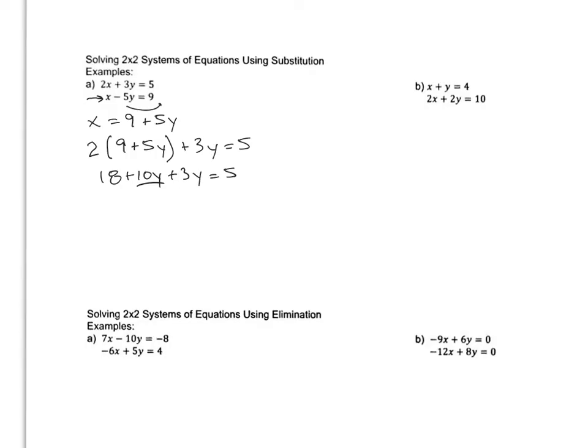Combine like terms. I'm going to leave this 18 alone. This is now 13y. Subtract the 18 from both sides. So we get 13y equals negative 13. Divide by the number in front of the letter, and we end up with y equals negative 1.